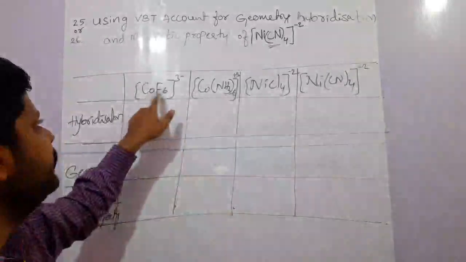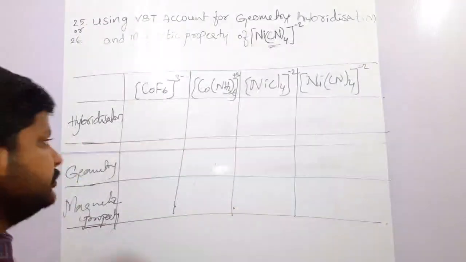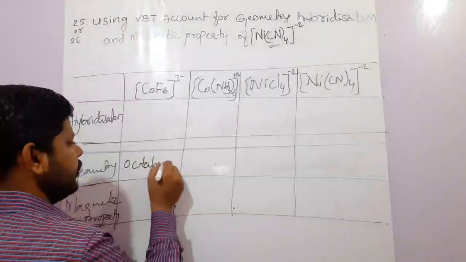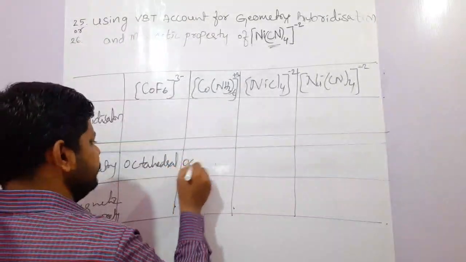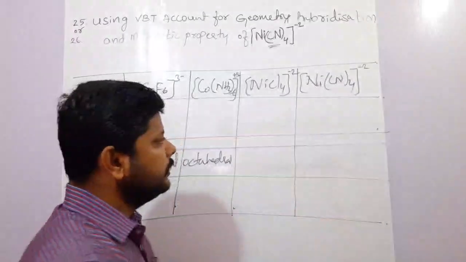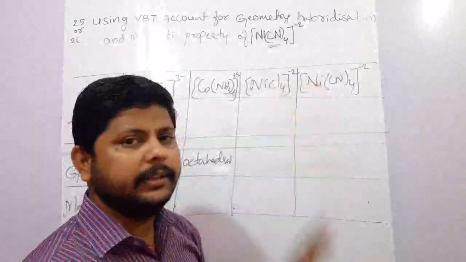Now CoF6 and Co(NH3)6 both have 6 ligands. Directly you can remember the geometry: octahedral. This is also octahedral geometry. For the other two you can't write it directly; you have to first see the hybridization, and only then write the geometry.